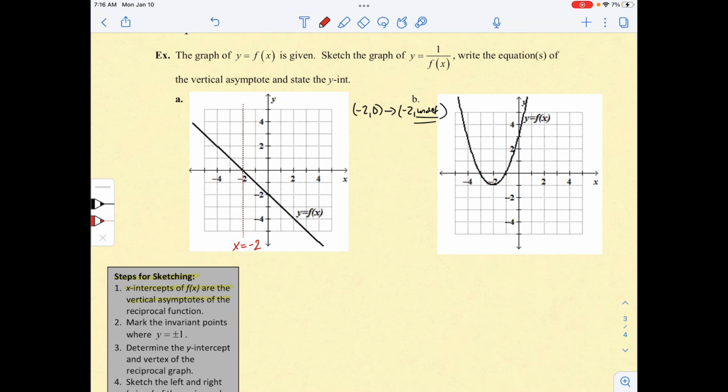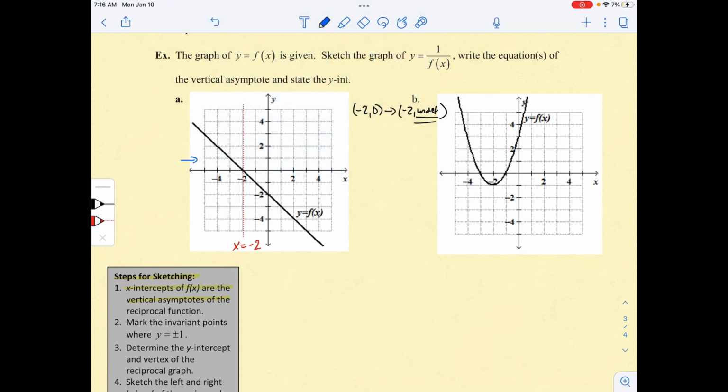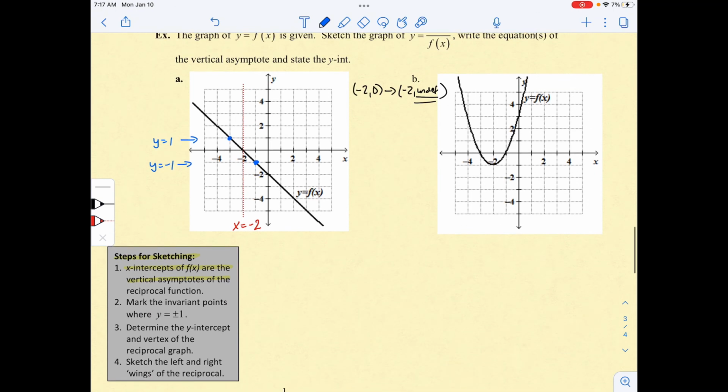The next step is to find those invariant points. I know I've got invariant points where y is equal to 1 and where y is equal to -1. So I'm just going to move along the horizontal lines y equals 1 and y equals -1, find those two invariant points, and mark them on the graph. Those are the same points on both the original linear function and the reciprocal function.